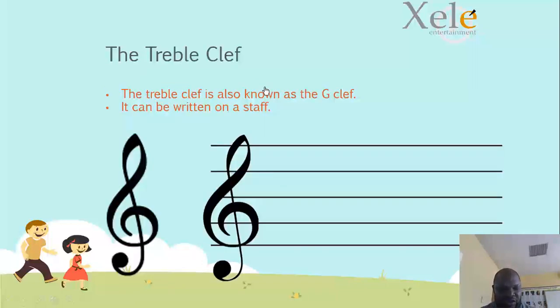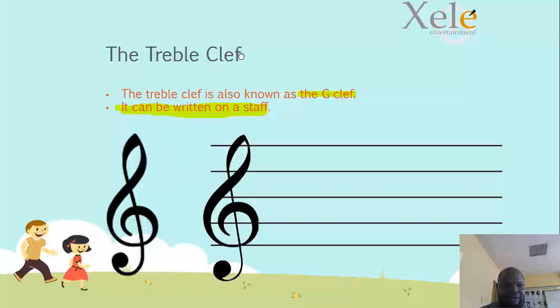The next symbol we're going to look at quickly is the treble clef. The treble clef is also known as the G clef. It can be written on a staff. Remember we said that we can write musical notes and musical symbols on a staff.